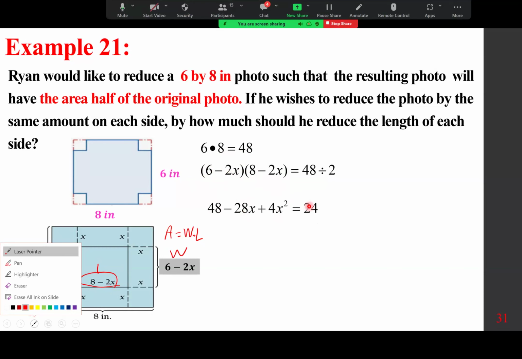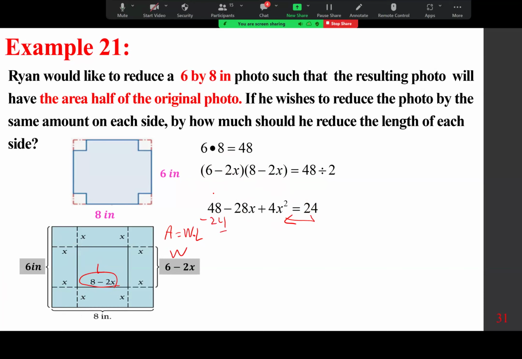Therefore, move the 24 this way, and it becomes negative. So this is what we have in descending order. We factor out the common factor of 4. Clearly, 4 is in common. 4 times x squared minus 7x plus 6.